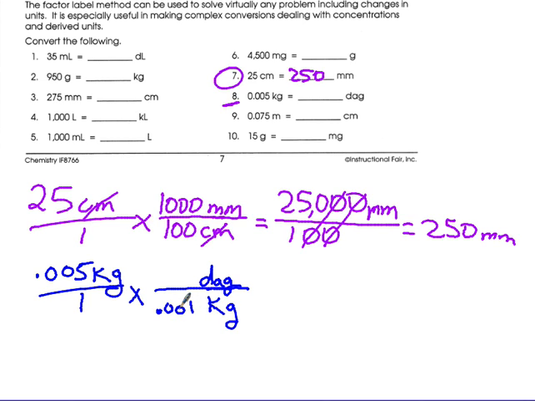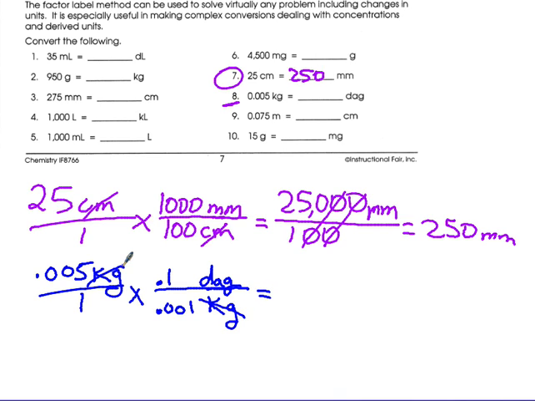So 0.001 kilogram equals 1 gram. And I know that I have 10 grams in a decagram. So 1/10 of a decagram is a gram. 1/1000th of a kilogram is a gram. So I'm comparing the gram.